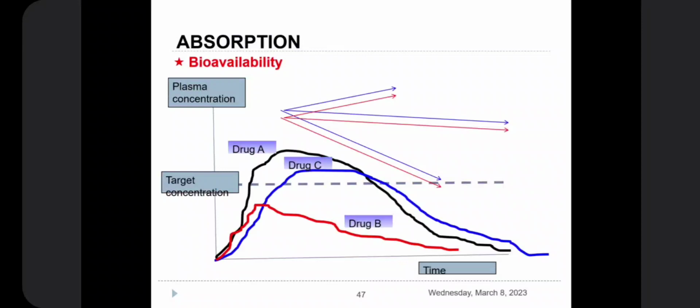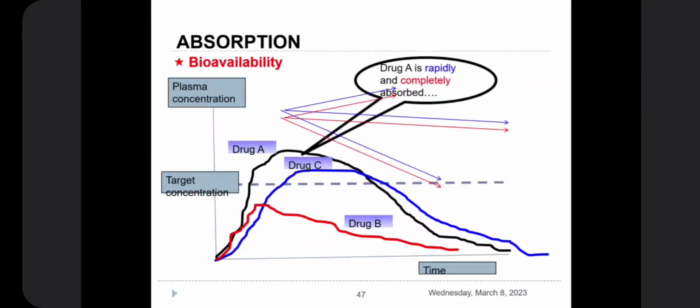Okay, next one. Let's compare the absorption of these three drugs: drug A, drug C, and drug B. Okay, let's compare. Drug A is rapidly and completely absorbed.